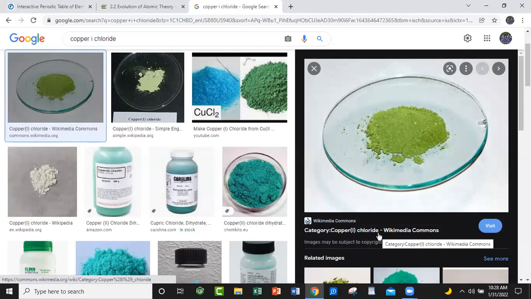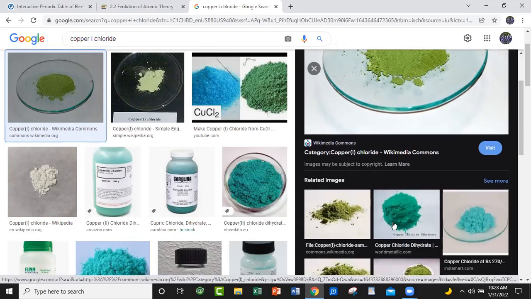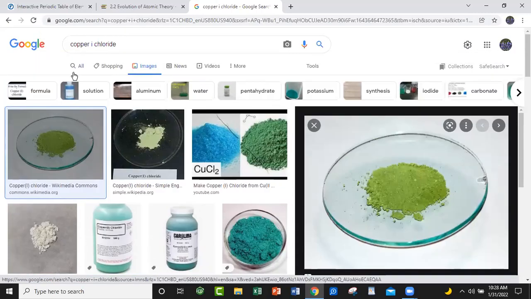Copper can be, and I'm going to show you that in a second, +1 or +2. Look at the difference, right? This is copper 1 chloride. Look at the color, how it's kind of like a neon type of yellowish green compound. And then if you make copper 2 chloride, let's look that up.